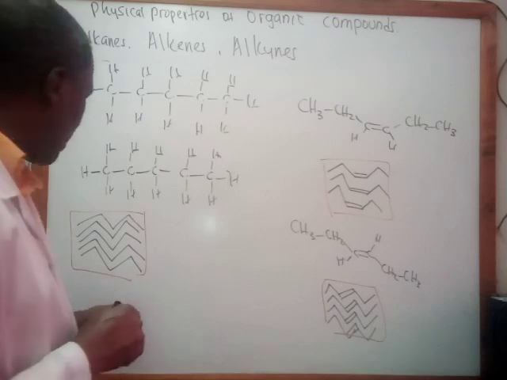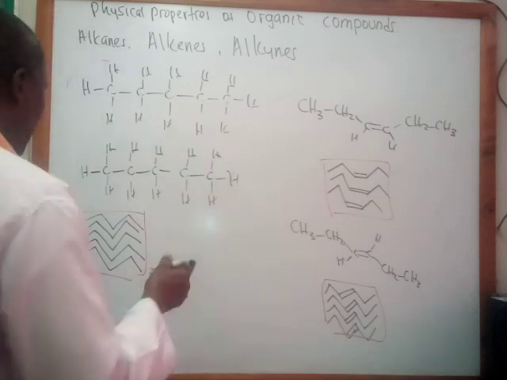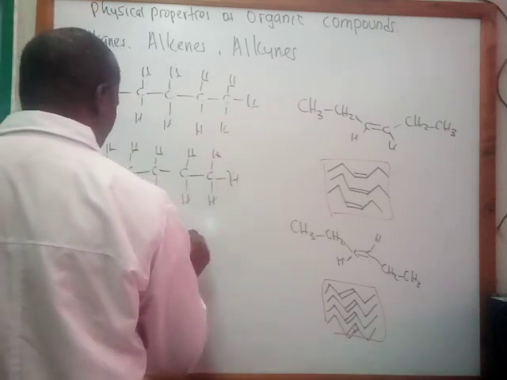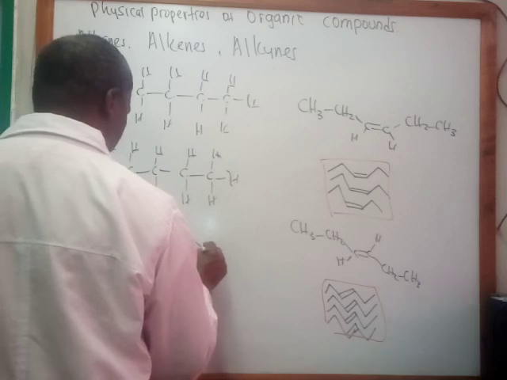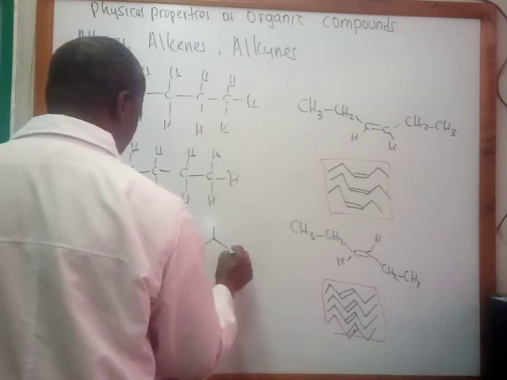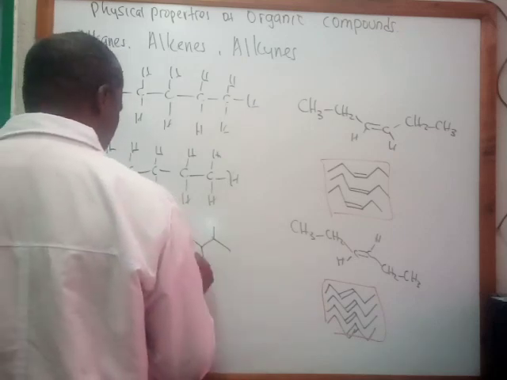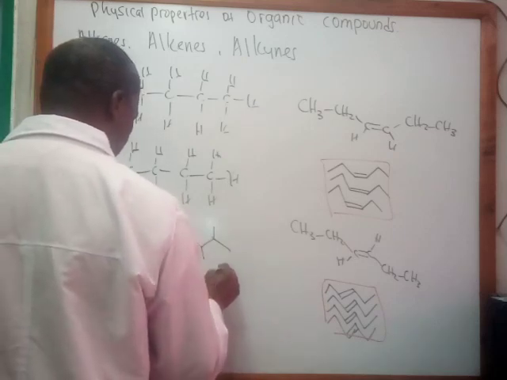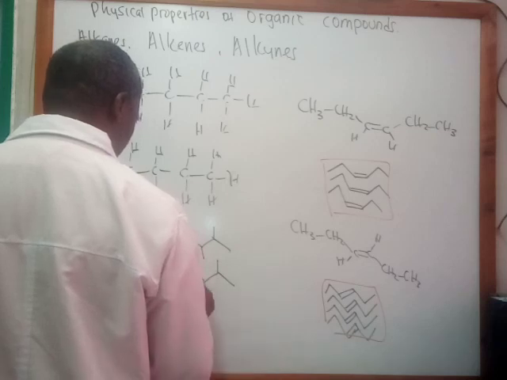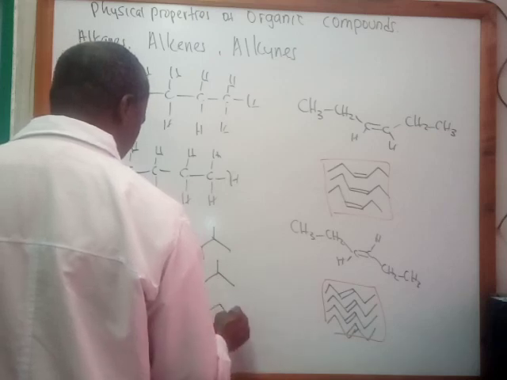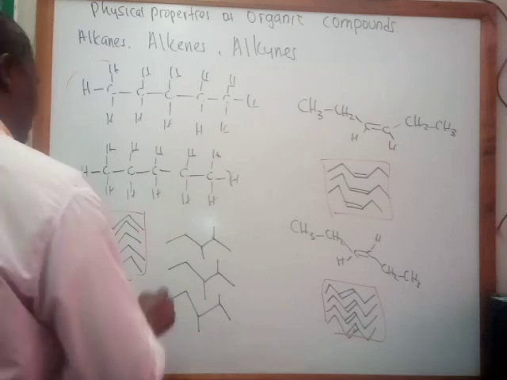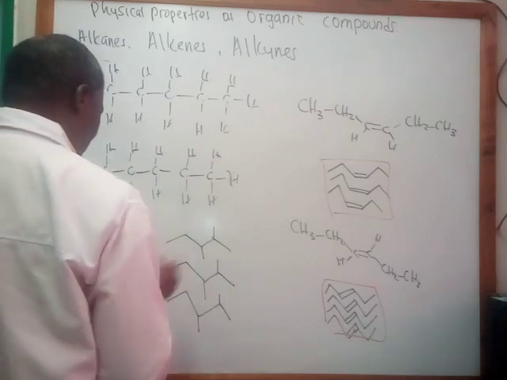But then there's something else which I want to introduce here. What if I've got a structure like this one, 1, 2, 3, 4, 5, and I put in another one here, and then just look at this volume here.